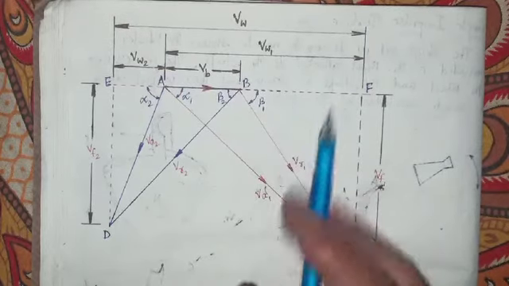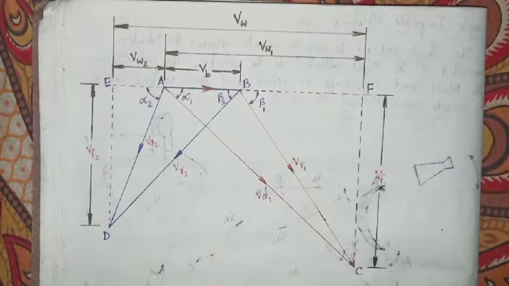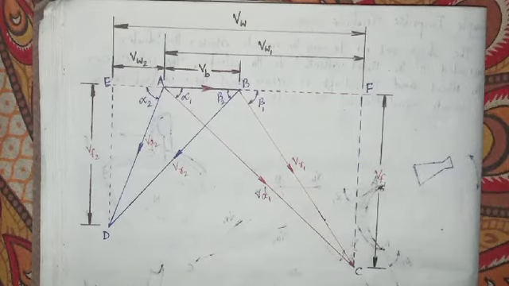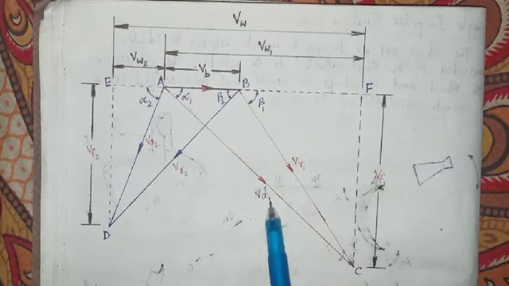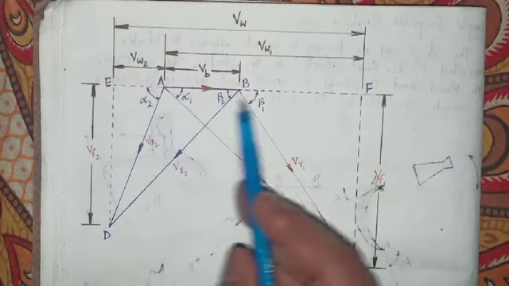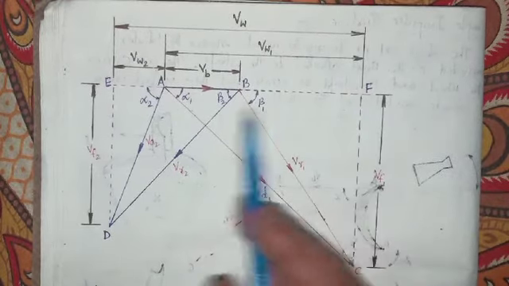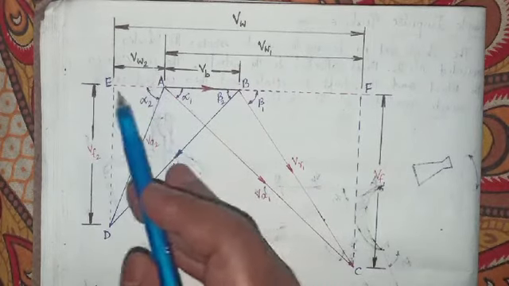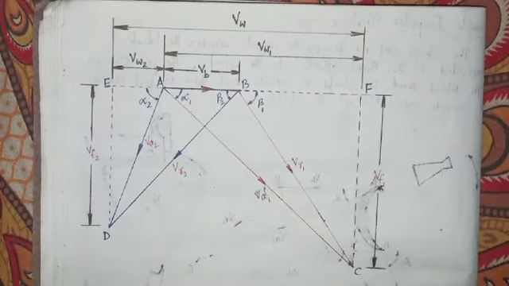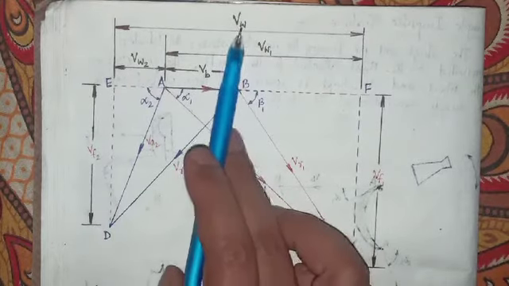This is called the whirl velocity. VW1 is VA1 cos alpha 1, and VW2 equals VA2 cos alpha 2. The summation of VW2 and VW1 is VW.